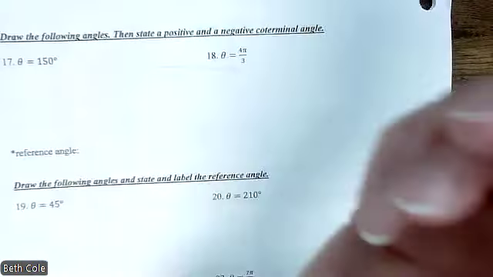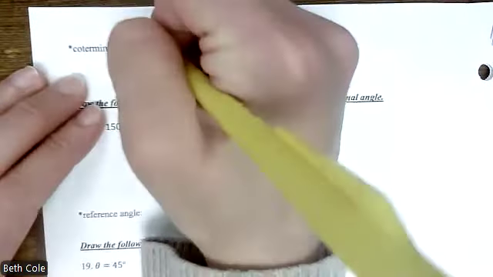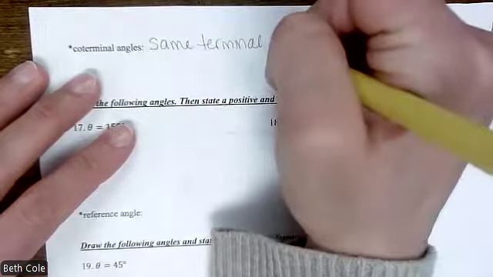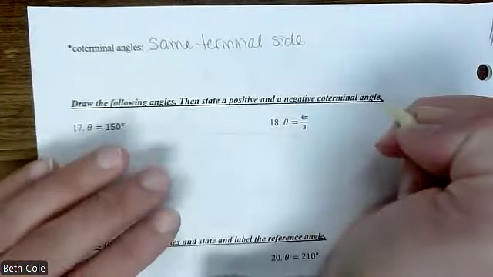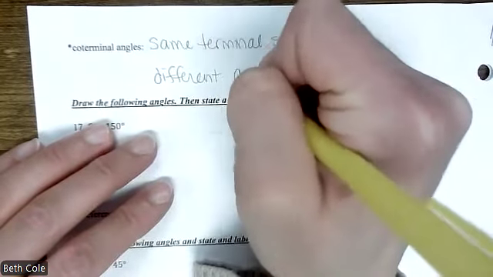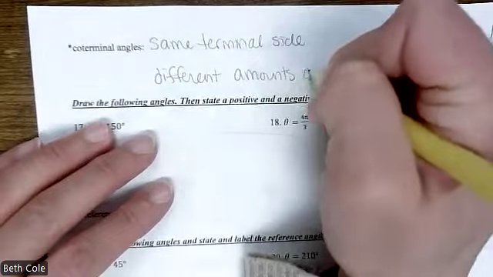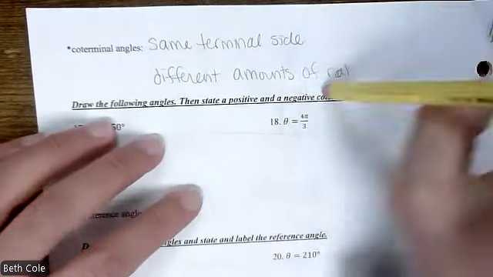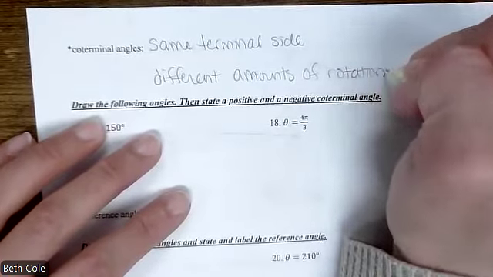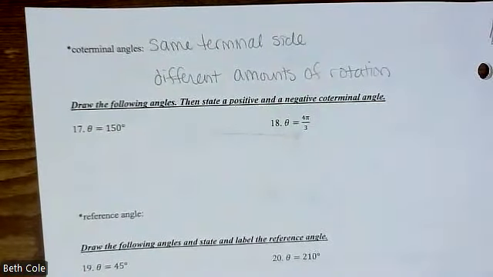Coterminal, and we're going to do some vocabulary here. Coterminal means they have the same terminal side, but different amounts of rotation. So they end at the same spot, but different amounts of rotation. That's like this.